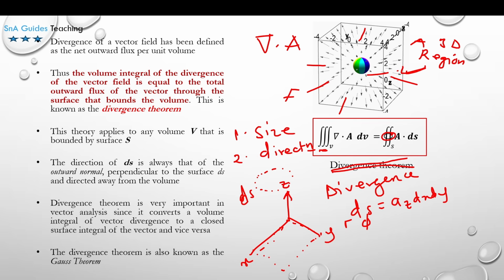Sometimes computing the volume integral is hard, and doing the surface integral is easier. When it happens that way, you switch to the surface approach. Sometimes doing it the other way, using the closed surface integral, is going to be hard, so you switch to the volume integral of the divergence, and then you equate them.